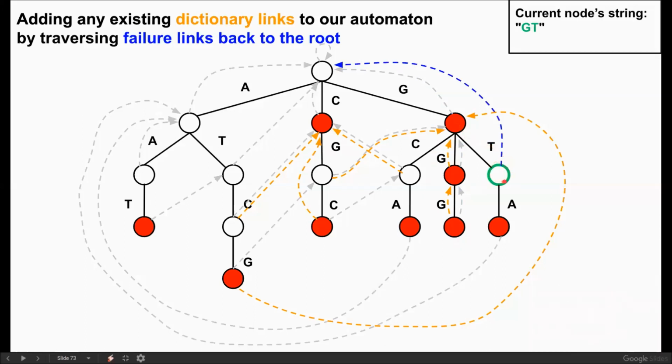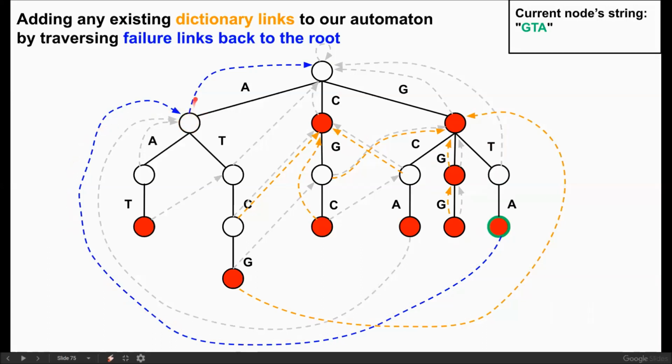Okay, what about for this node? So let's traverse the failure link back to the root, and we didn't encounter a word node, so there is not an outgoing dictionary link for that node. Now let's look at this node. So let's traverse its failure link. Okay, now we're at this node.